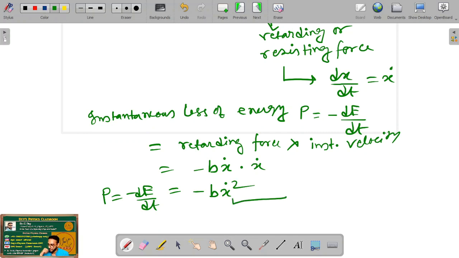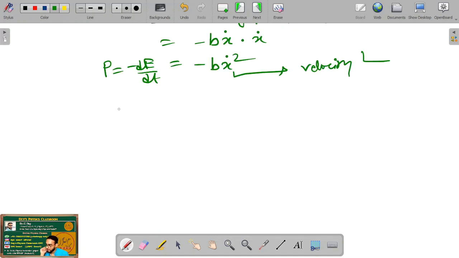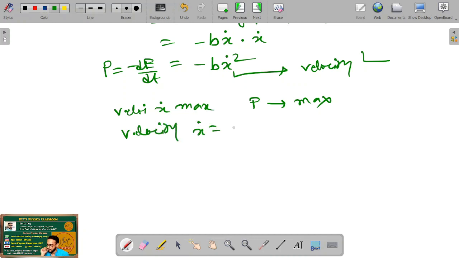So it depends on velocity square. When velocity is maximum, this instantaneous loss of energy is also maximum. And when velocity x dot is 0, then P becomes 0.